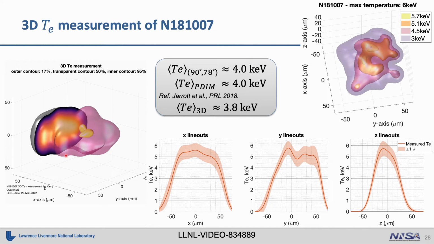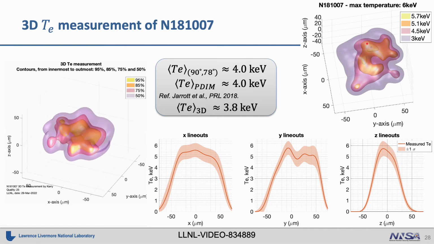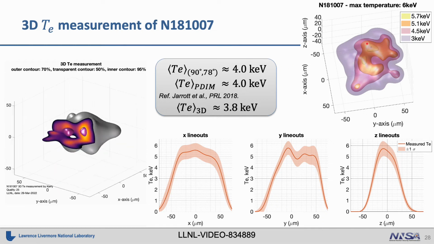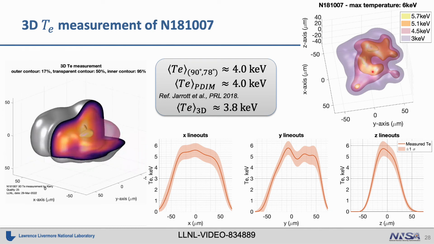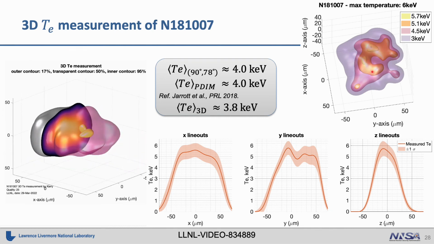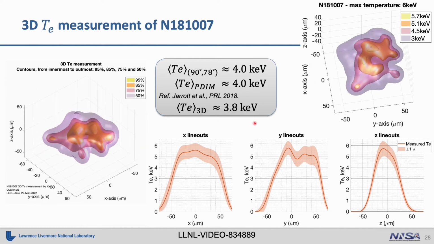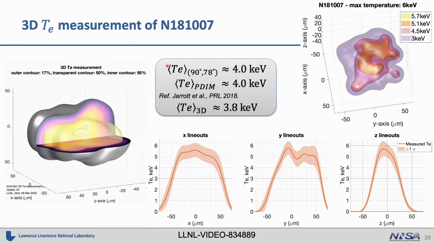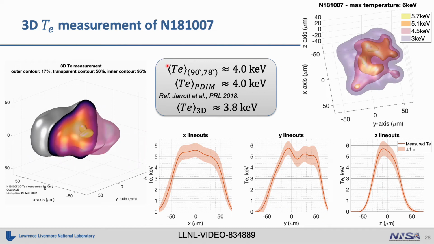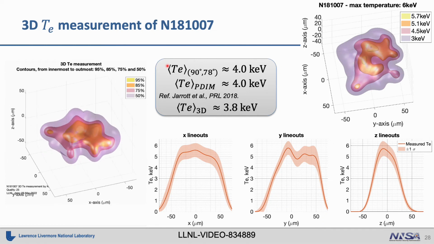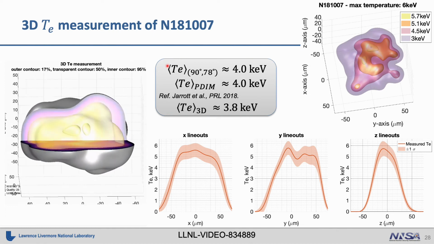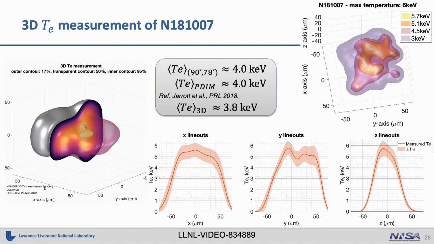And here on the left and in the upper right, we can still recognize some toroidal shape contour in the 3D measurement. And again, we benchmark our results here with the spatially X-ray emission weighted TE measurement, and our 3D TE measurement is consistent.